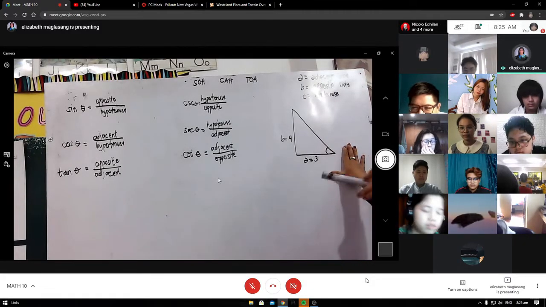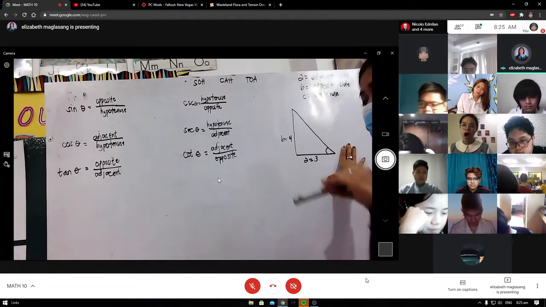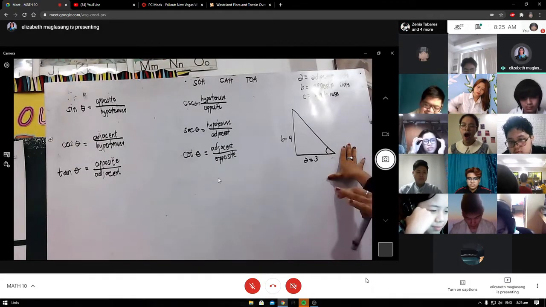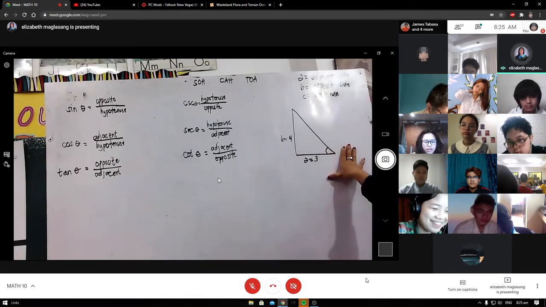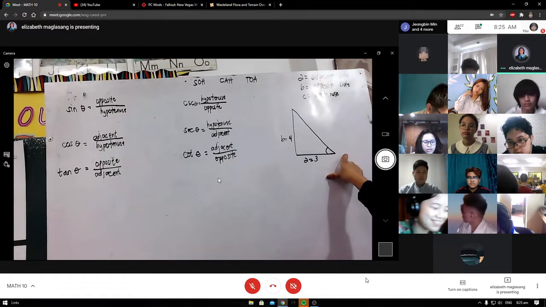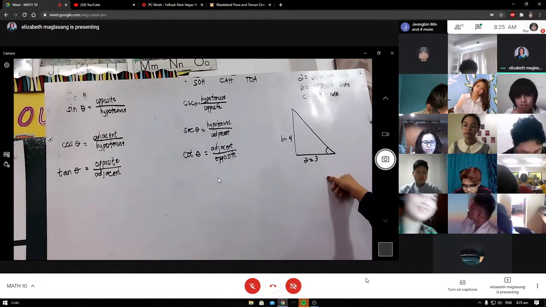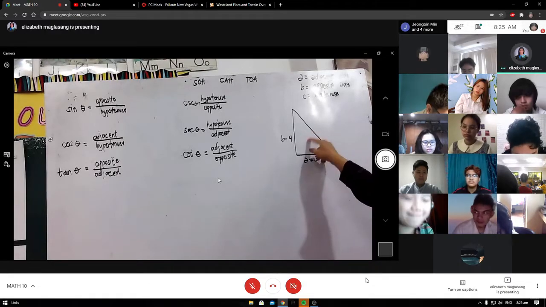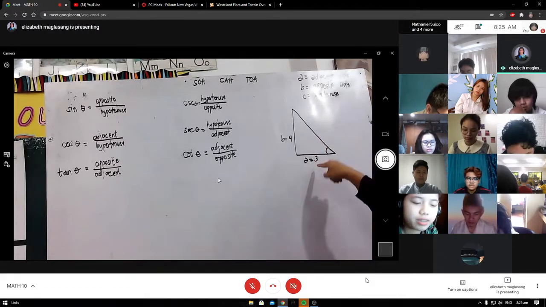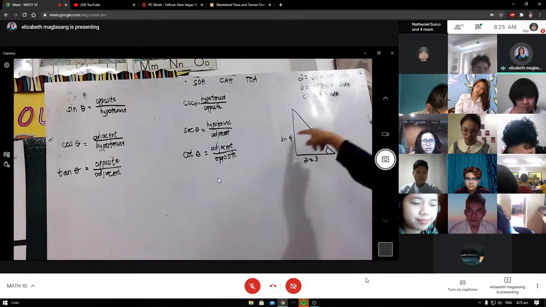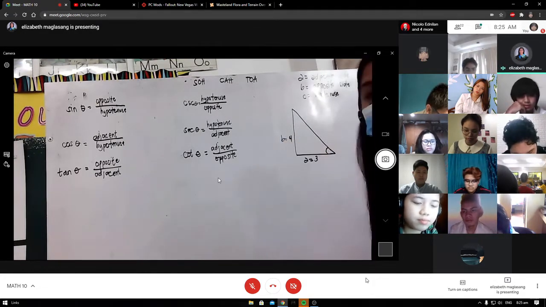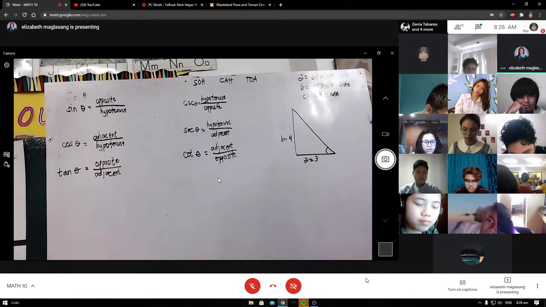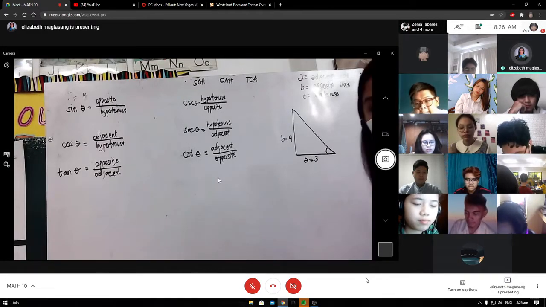Class, you get first the measure of the three sides. We have the adjacent side, the opposite side, and we don't have the hypotenuse. How are you going to get the hypotenuse side? So we will use the Pythagorean theorem.